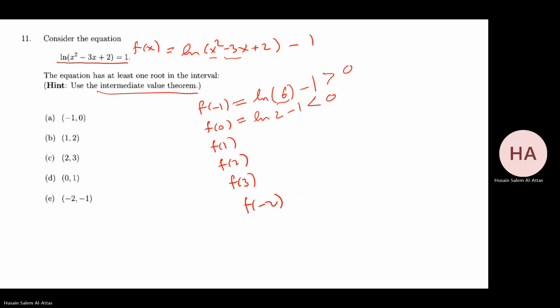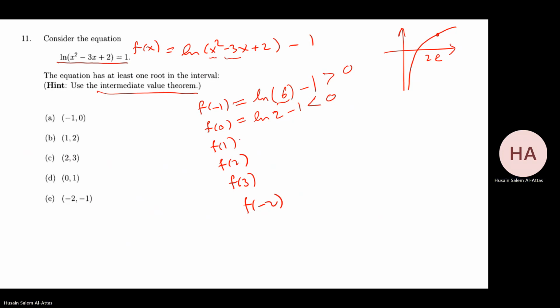Why is it negative? Because you have the function ln, which is 1 at e, and 2 is here. So ln 2 is negative. Ln 2 minus 1 would be negative.